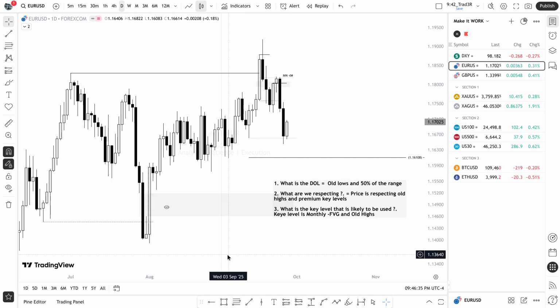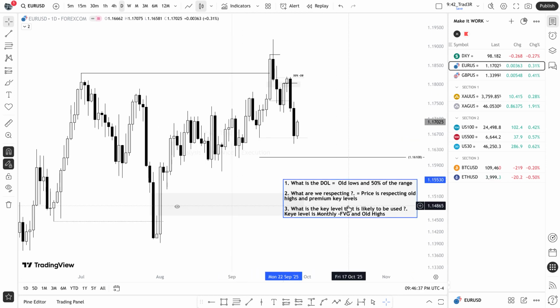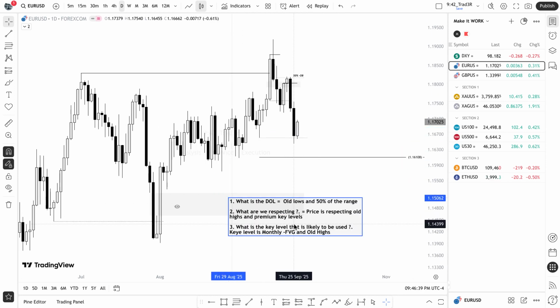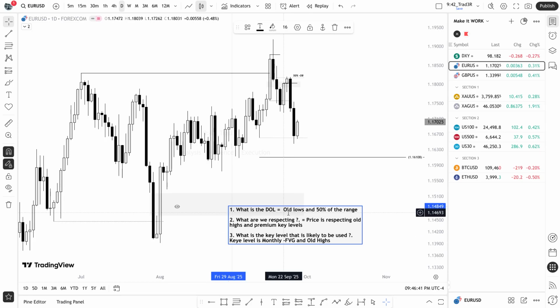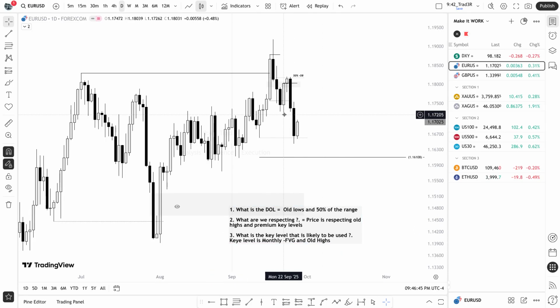You can see on the daily charts, the drawn liquidity is old lows and 50% of the range. On the daily chart we have this old low, this old low. Remember that long weekly rejection you're seeing on the weekly chart. You can see that on the daily time frame you're seeing candlesticks representing it.